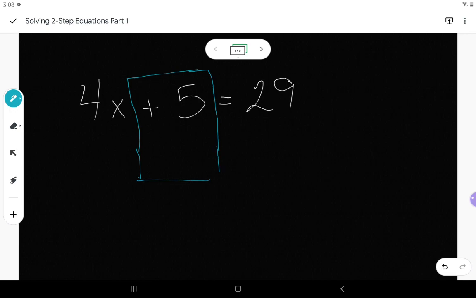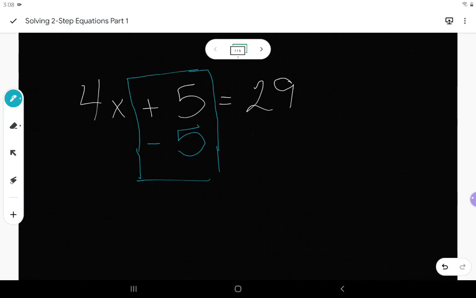So I would need to subtract 5 first, because that is how I would undo adding 5, right? If somebody puts a $5 bill in your hand and then somebody else takes that $5 bill out of your hand, you've gone back to whatever amount of money you started with. Right? So if we add 5 and then subtract 5 immediately after, it's like nothing has happened.